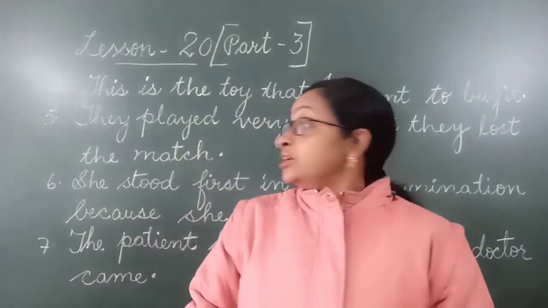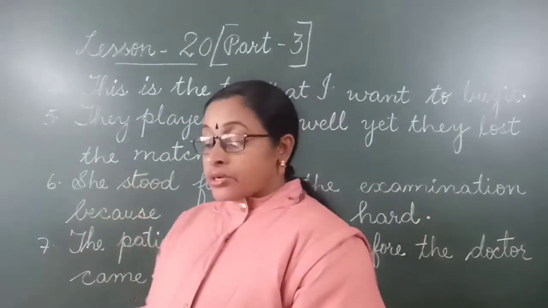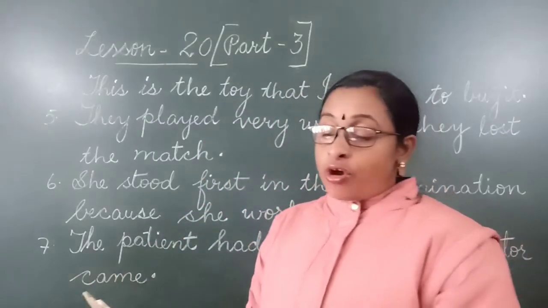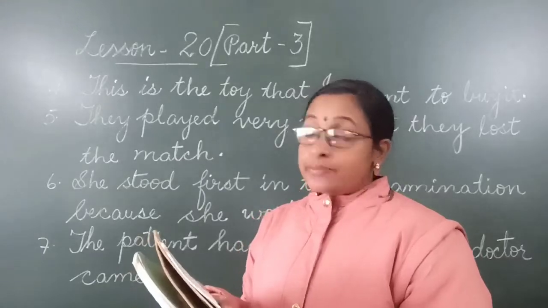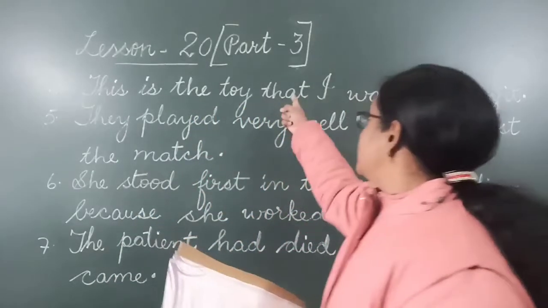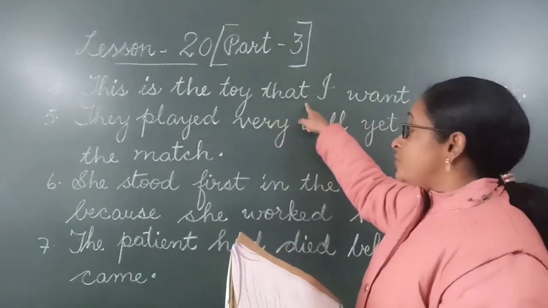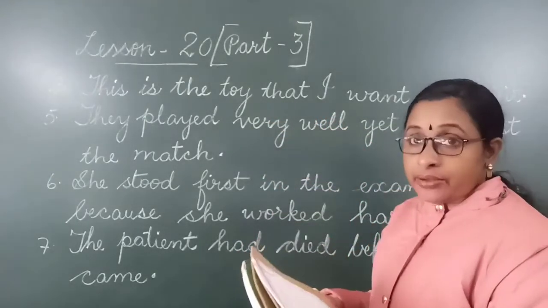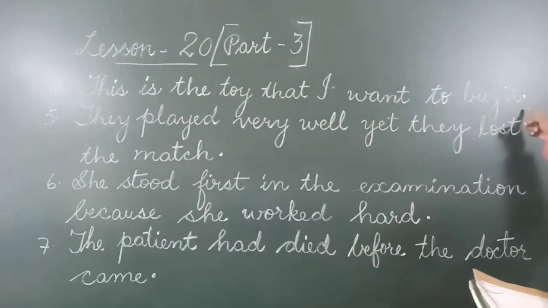Yes children, I have written the 4th answer on the board. What is the question? This is the toy, I want to buy it. And how will you join the sentence? This is the toy that I want to buy it. So the conjunction word is that.